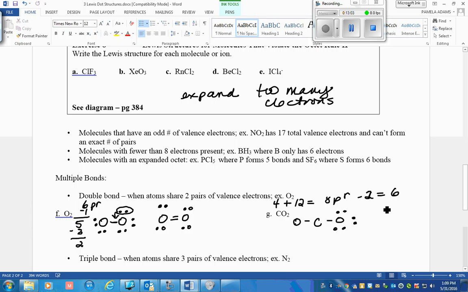I've used 3 to satisfy this oxygen. I will use 3 to satisfy the octet rule for this oxygen. I'm out of electrons, and I see that carbon only has 2 shared pairs for a total of 4. So I'm going to make the oxygen from each one of the ligands give up a pair of electrons to satisfy carbon's octet rule, and therefore the Lewis dot structure for carbon dioxide would look like this.